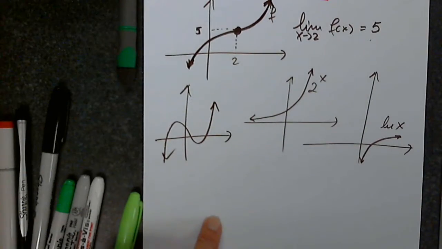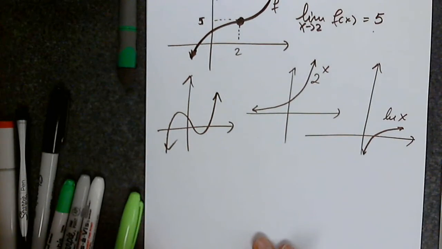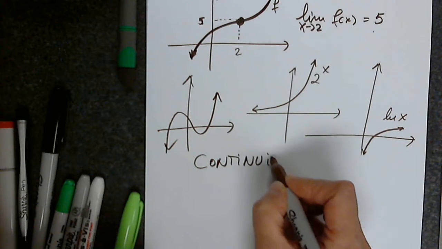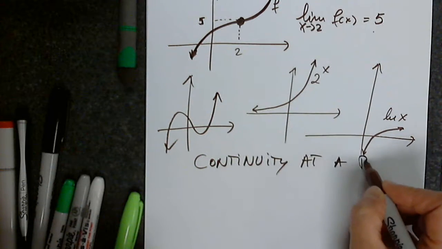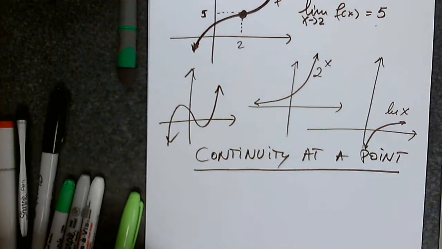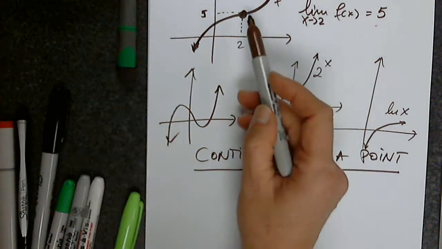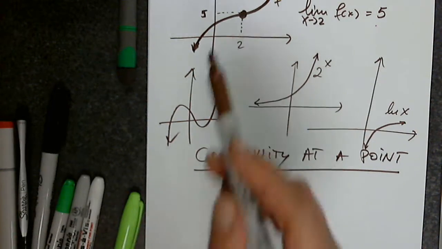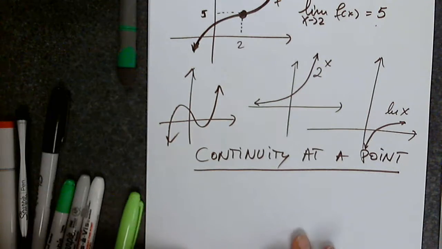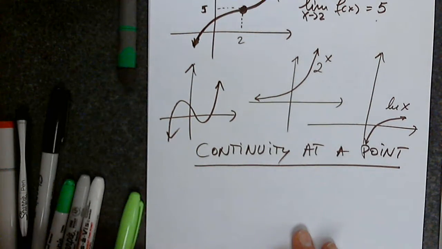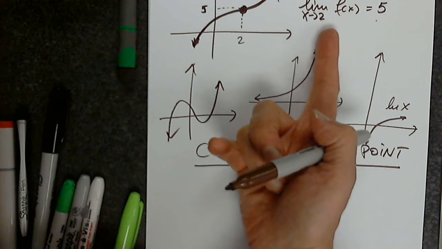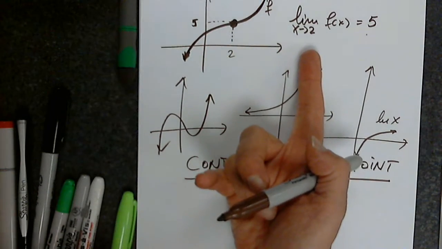So when is a function continuous at a point? Major definition. Continuity at a point. So at this point, how would you describe that this function is continuous at that point? I mean, f of 2 is the same and equals what? 5. Exactly.